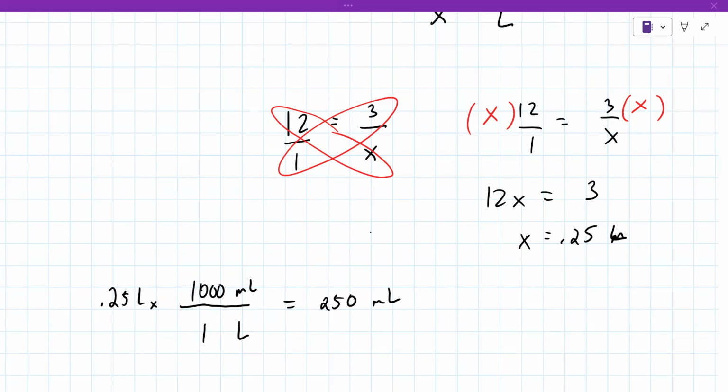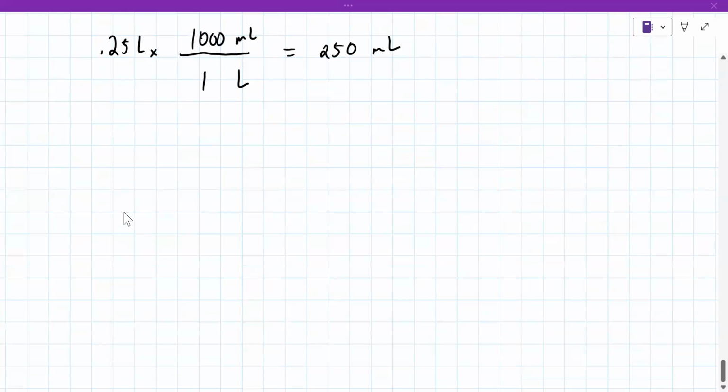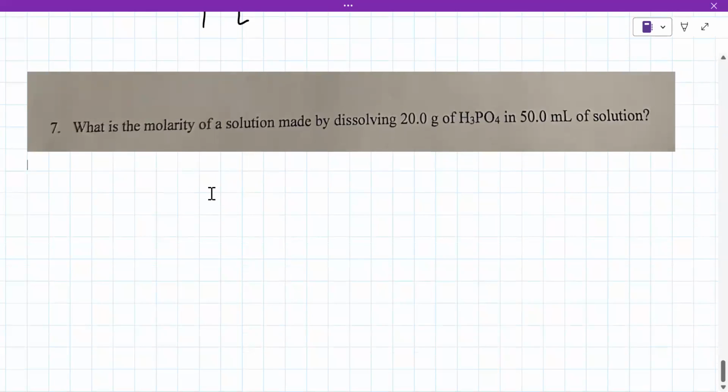All right, number 7. What is the molarity of a solution made by dissolving 20 grams of H3PO4 in 50 milliliters of solution? Notice you don't have moles or liters, so you have to do the 2 calculations.